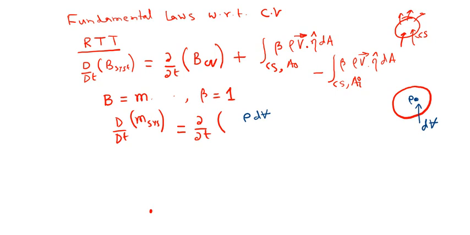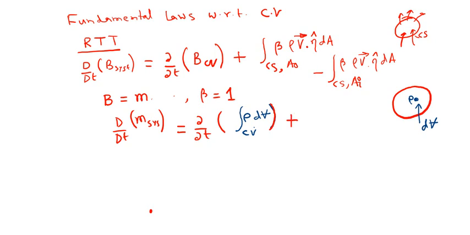The total mass is the integration of that over the whole control volume, and this quantity is nothing but the total mass within the control volume. This is the first term.